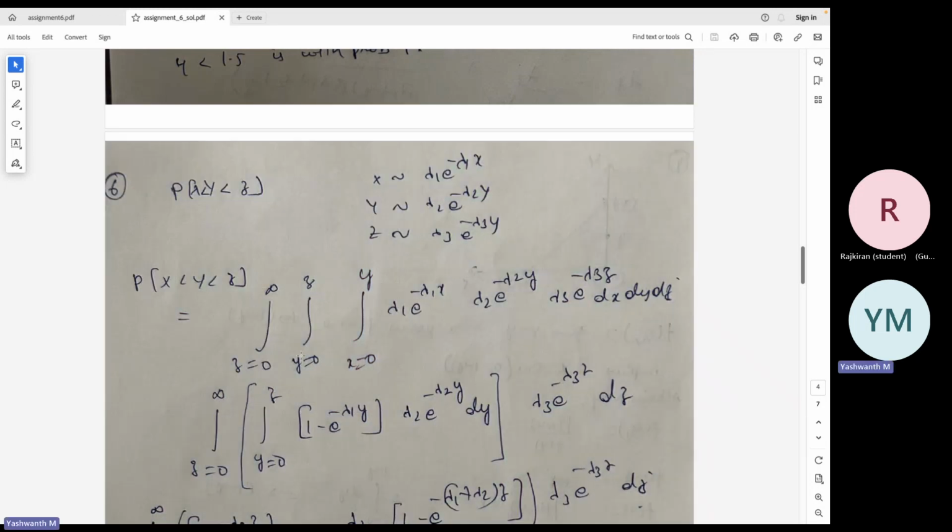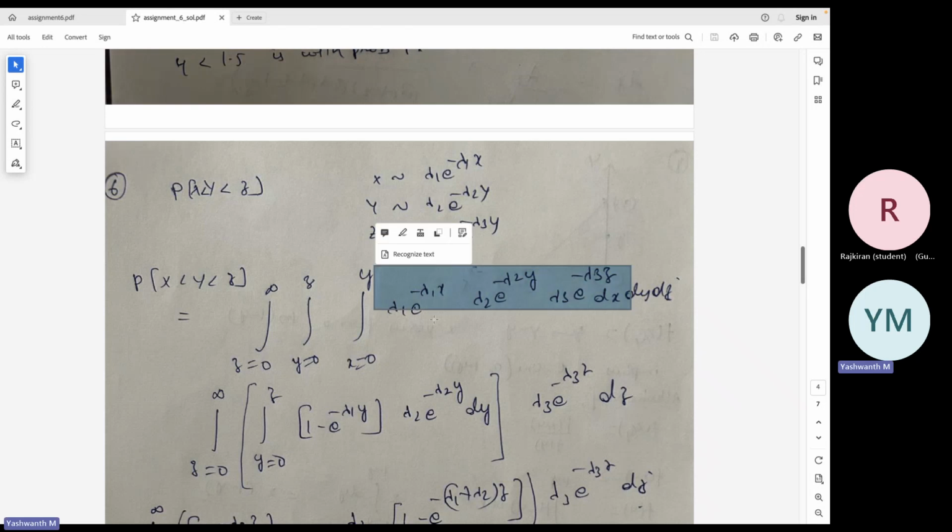Now y, how much can it go? It can go at max to z. So y goes from 0 to z, and that is also taken care of. But for z, we don't want to put any constraint on the values it can take on the higher side. So z goes from 0 to infinity. That's it. You need to keep integrating.